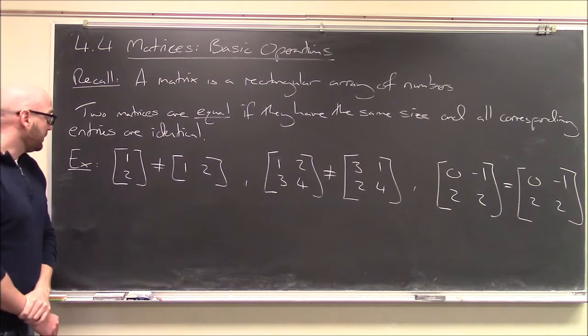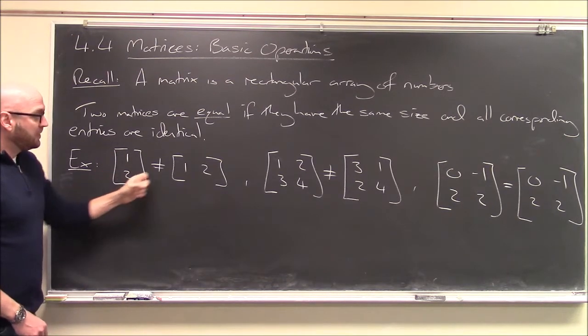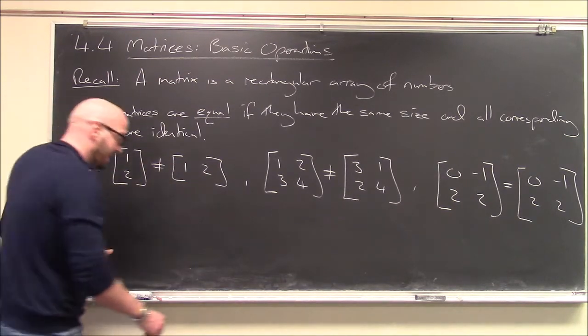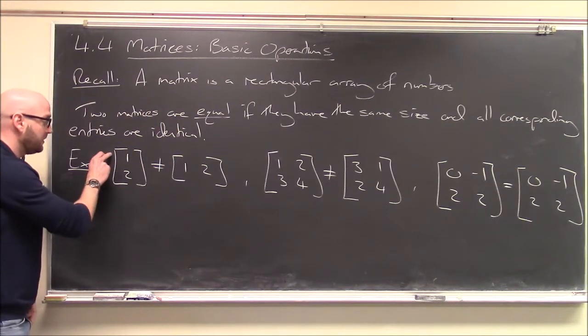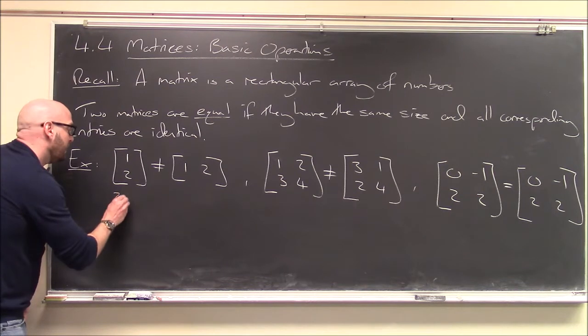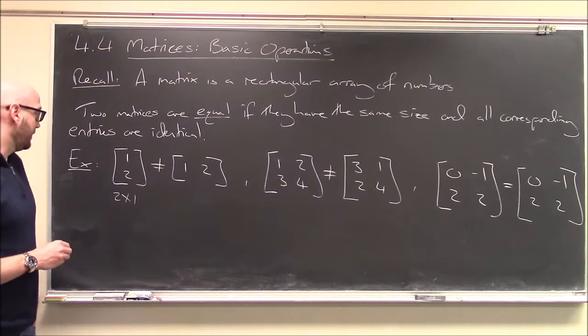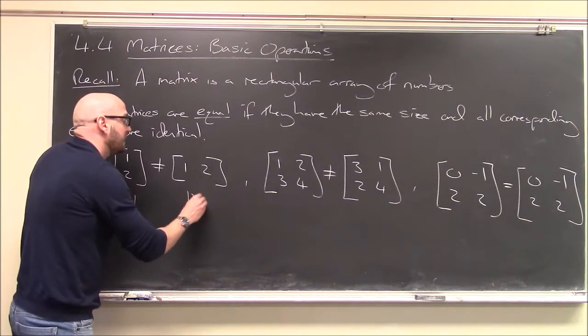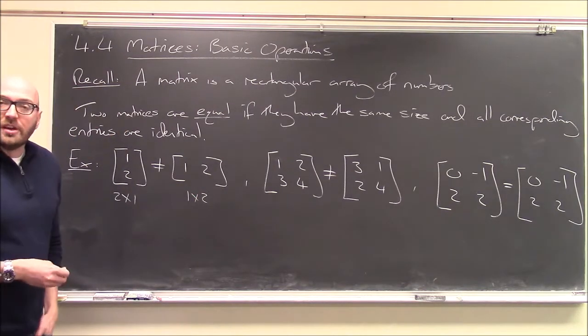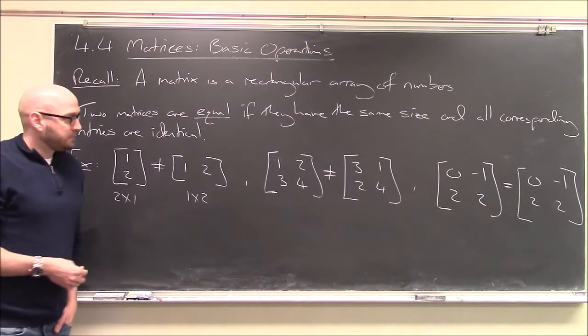So for example, these first two matrices, 1, 2, and 1, 2, when I say them like that, they sound like they're the same matrix, but this first one, how many rows is it? It's 2 rows, 1 column, so that's a 2 by 1 matrix. The second matrix is 1 row and 2 columns, so that's 1 by 2. So they're not even the same size, therefore they cannot be equal.